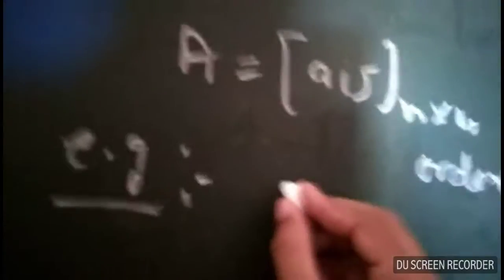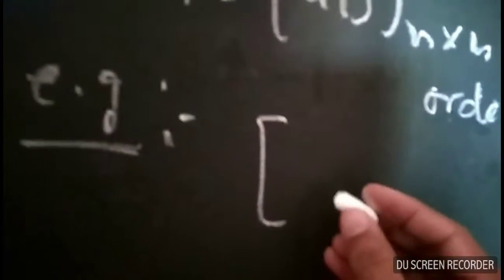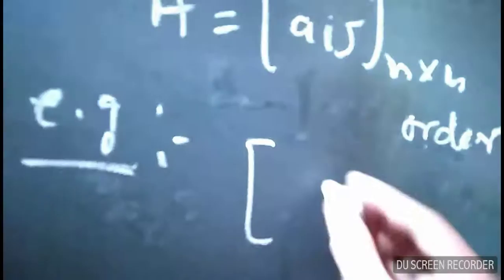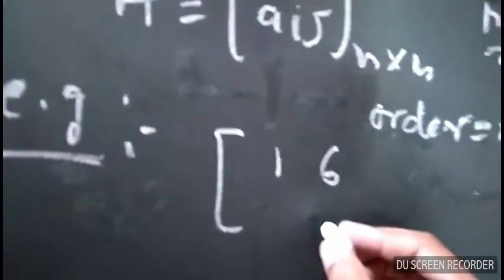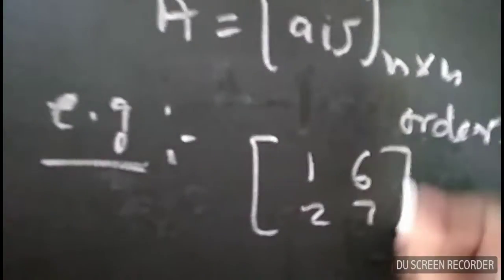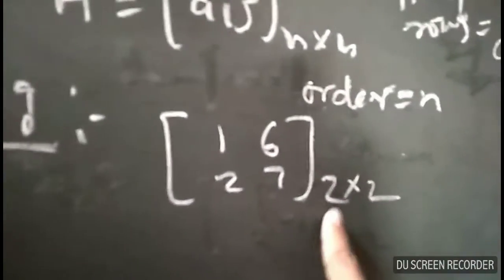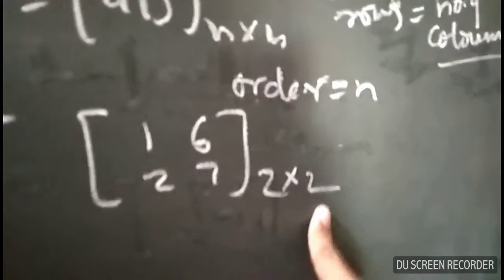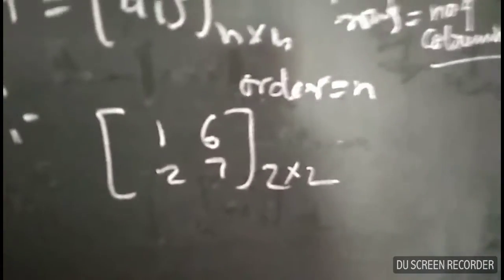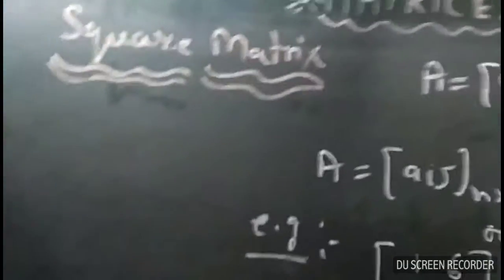Let us take a small example of a square matrix. We let a 2 cross 2 matrix, that is 1 6 2 7, that is a 2 cross 2 matrix, because the number of rows and number of columns are equal, that is 2 and 2, then we say that this matrix is a square matrix.